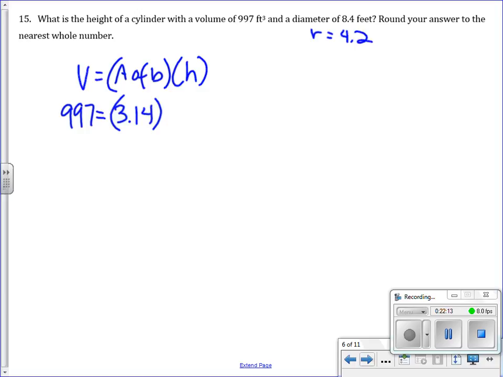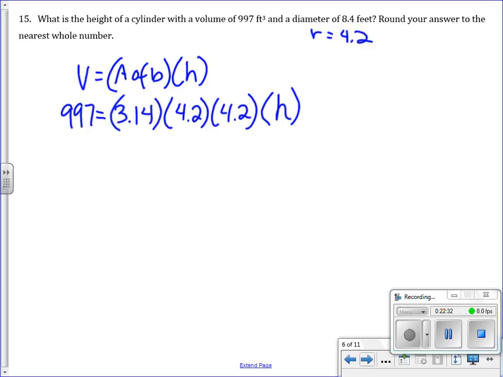So that makes my pi r squared 4.2 times 4.2 times the height of the cylinder, which is what I'm trying to find out. So this is my h. If you don't like to use h as a variable, you can use a different variable. That's okay. Now I'm going to do the math.